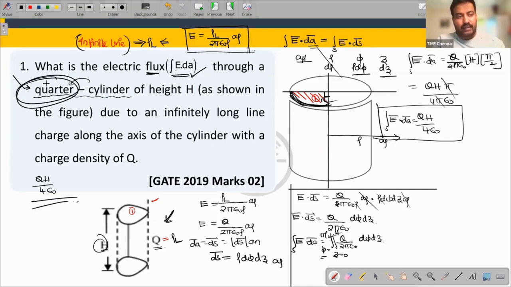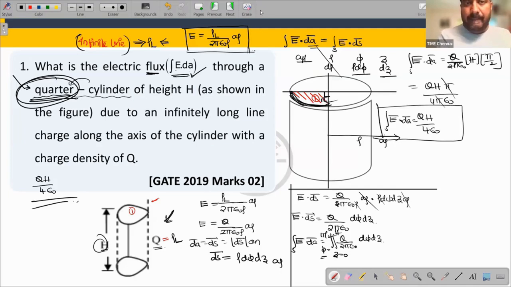If it is a semi cylinder, the limit of phi would be 0 to pi instead of 0 to 2 pi. For a quarter cylinder it is 0 to pi by 2. Please make a note of this very important point, how you customize the concept to the given situation.